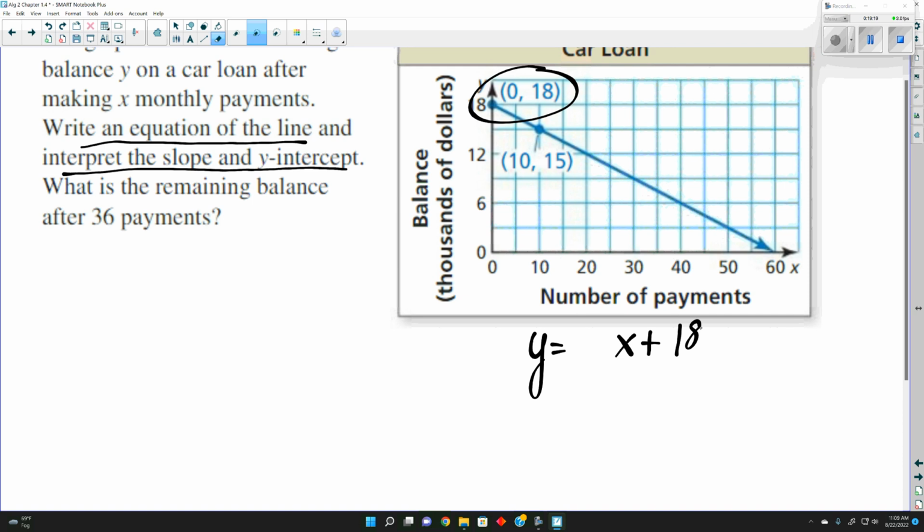So the y-intercept is what? Is the starting cost of the car.